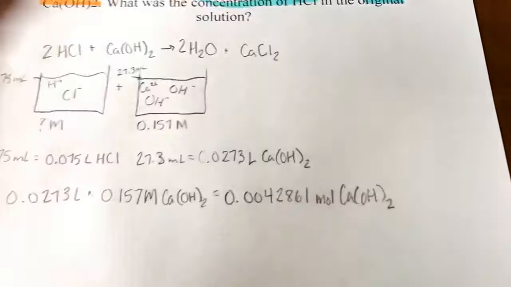So now if we remember stoichiometry, we know we can find our moles of HCl. So we have moles of CaOH2, so we'll rewrite that down here. All right, and then we look up here, and 1 mole of CaOH2 equals 2 moles of HCl.